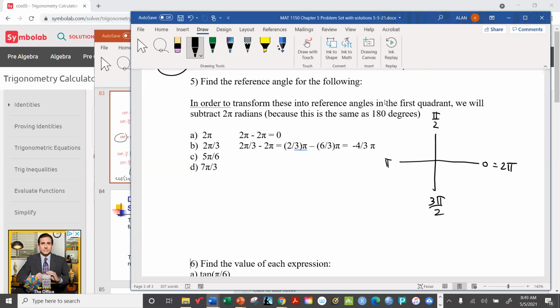So this angle is, let's see, this is pi. This is 1/3 pi.